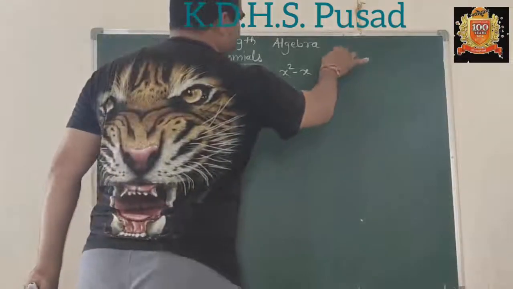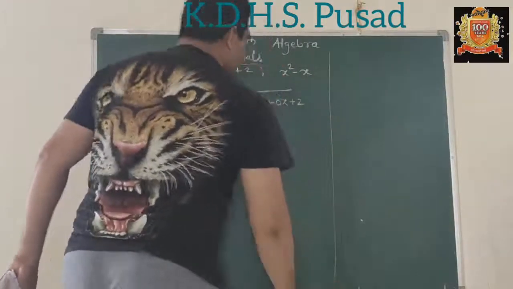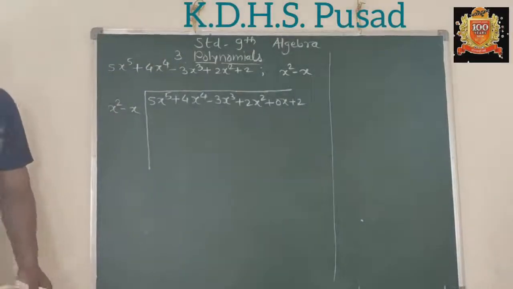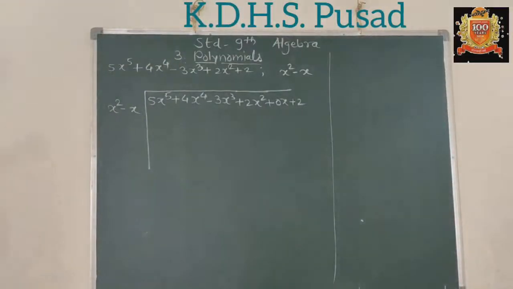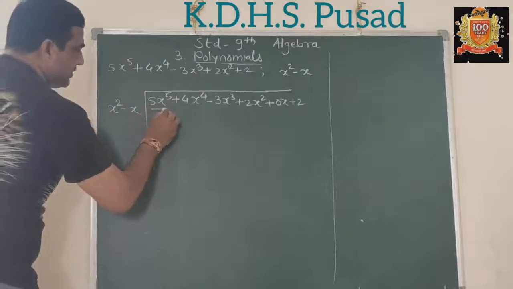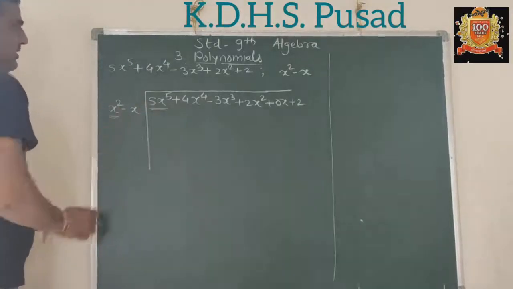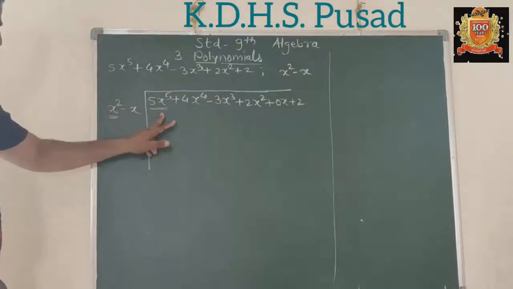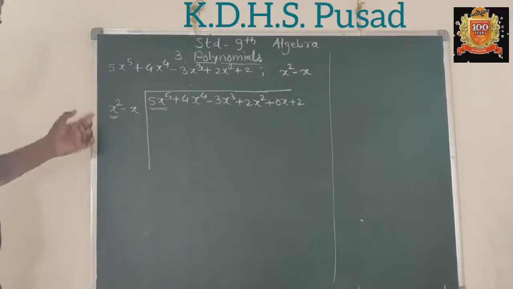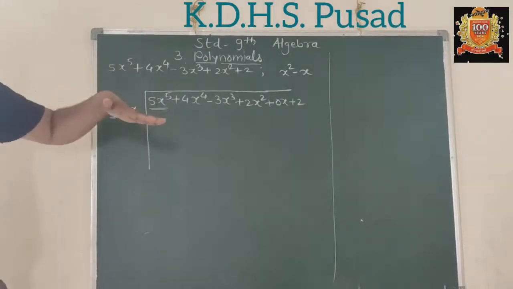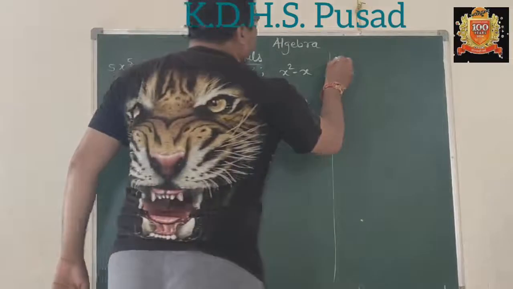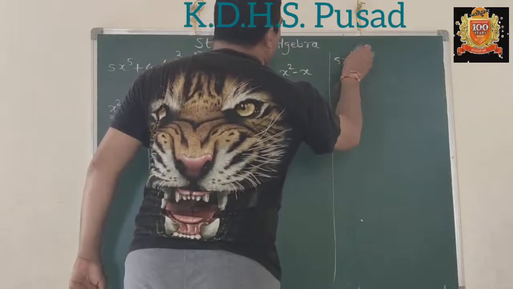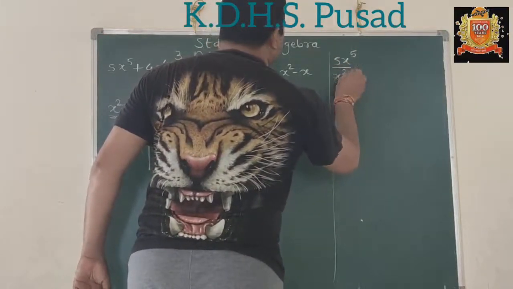Now here I am performing for our simplification. So first step: first term divided by first term. That means arrange this binomial in descending power, dividing. So here 5x to the power 5 by x squared.